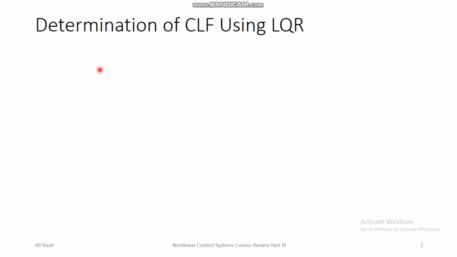We start with a method that you can use to determine the control Lyapunov function for a nonlinear system using the theory of linear quadratic regulator for the LTI systems. So here is how you can do it. Consider a nonlinear affine system x dot equal f of x plus g of x times u, where the origin is the equilibrium point.